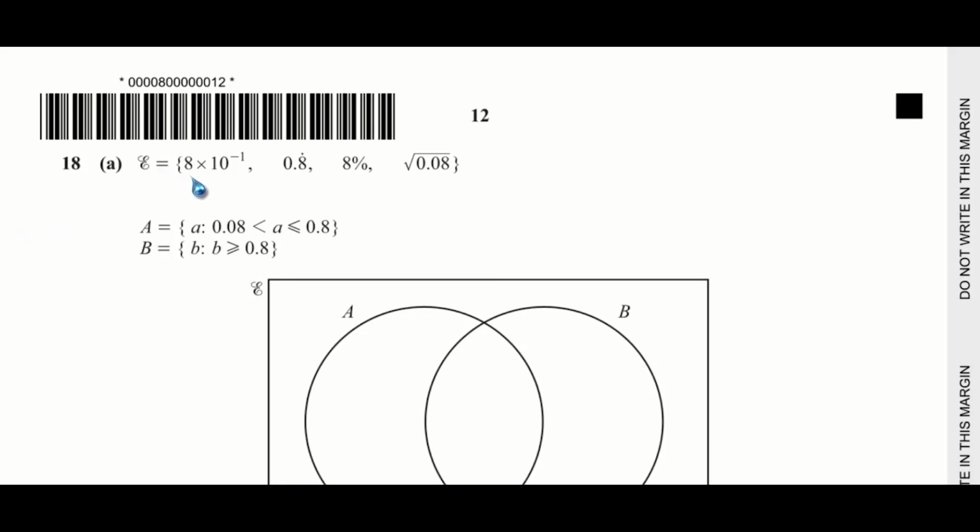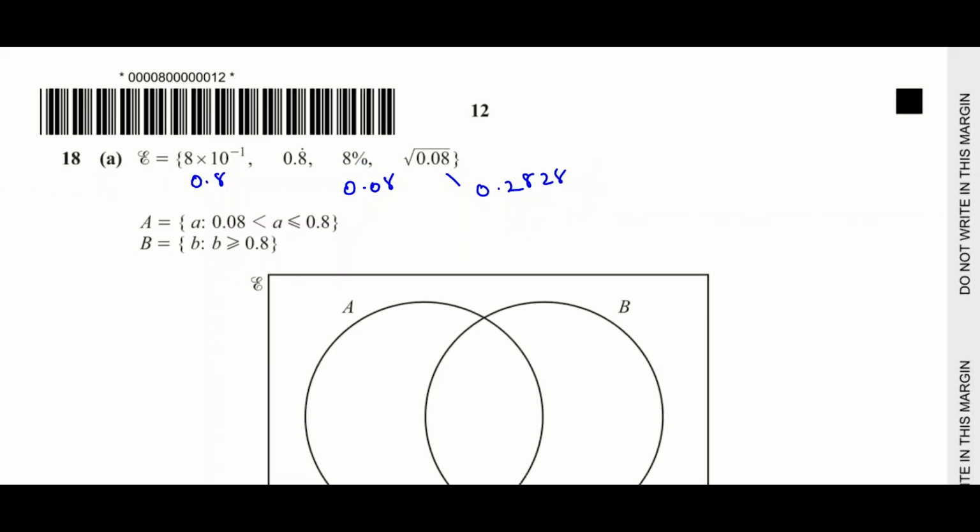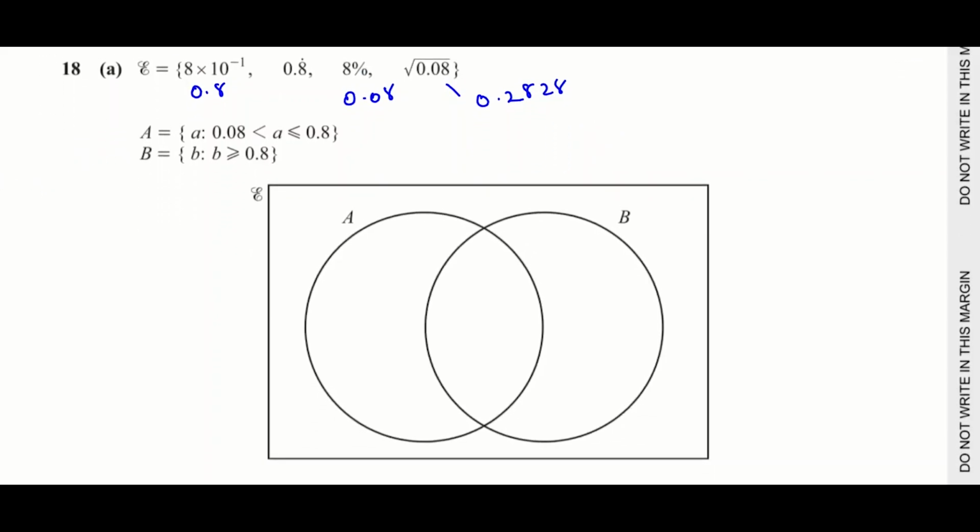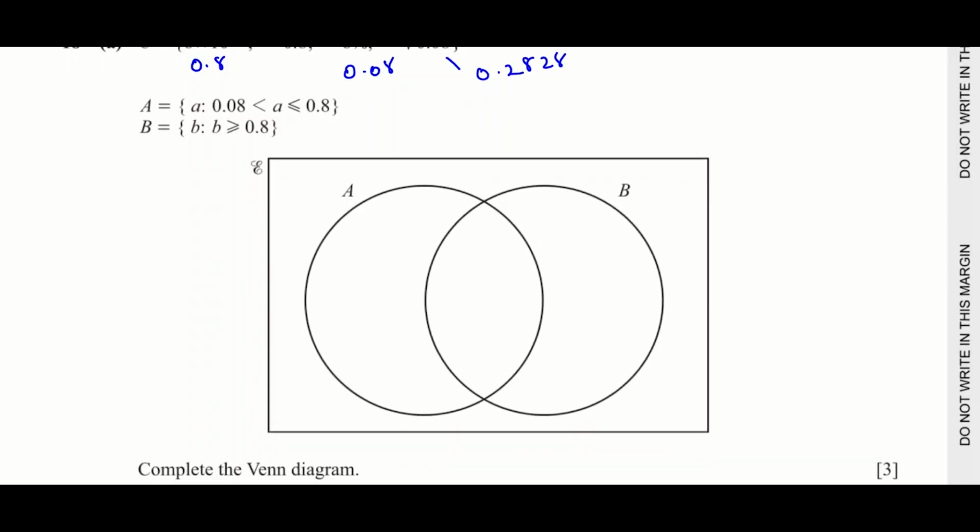So this is the inverse set, 8 times 10 to the power of -1, which is the same as 0.8. So this is a recurring decimal. This is the same as 0.08. And this one, if you input this into your calculator, you should get 0.28 to 4 decimal places. Okay, so we have sets A and B respectively.